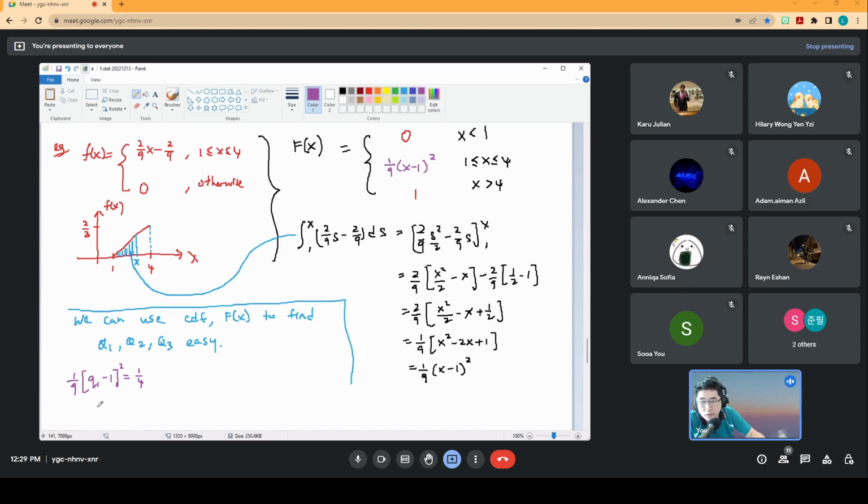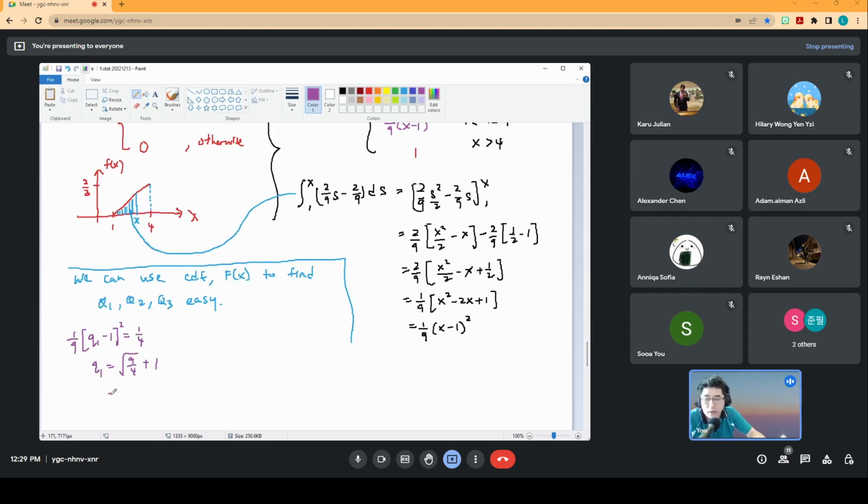So you will see that Q1 equals the square root of 9 over 4, plus 1. Okay, so I will have 3 over 2 plus 1, so 2.5.